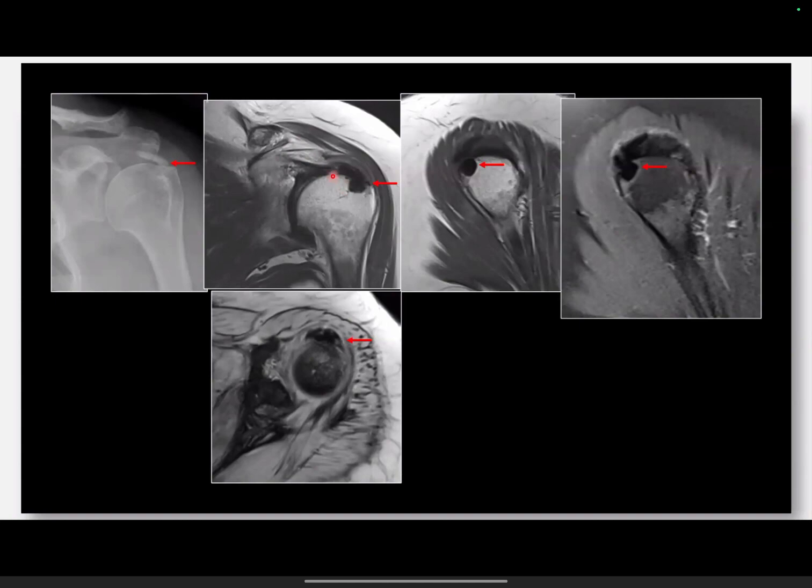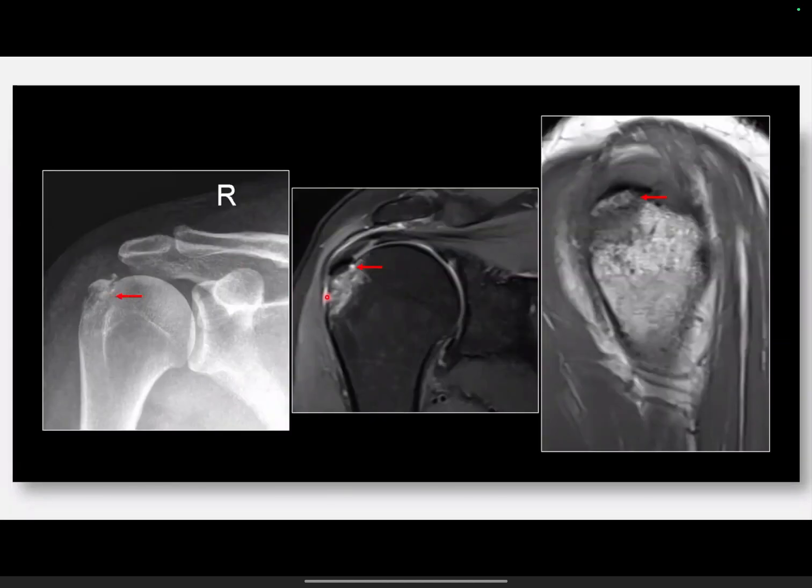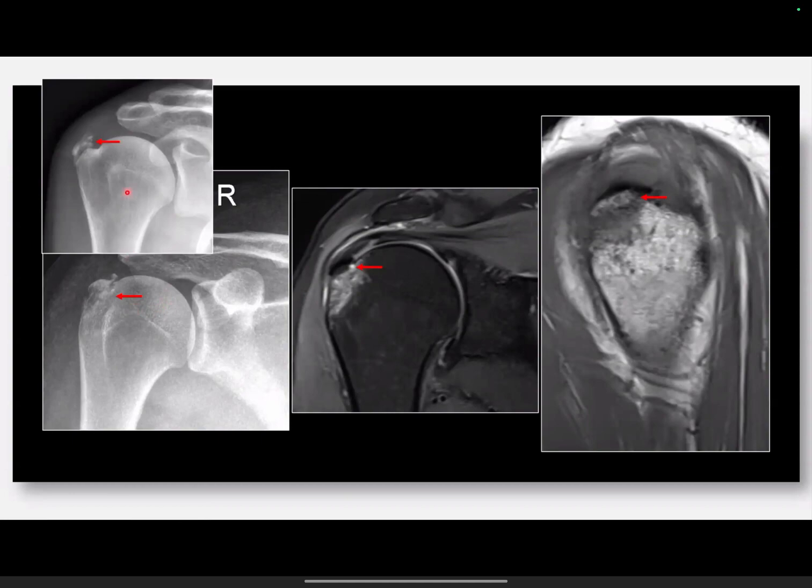This is another example of calcification which is extending into the bone. That is also possible. If you compare the first image with this image, in the first the greater tuberosity cortex is well maintained, but here you can see there is a cortical break. So this is an example of greater tuberosity avulsion fracture.